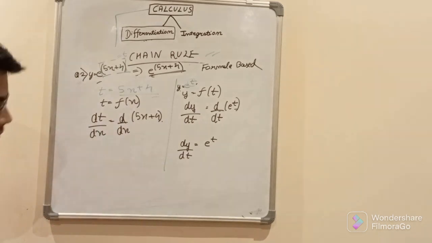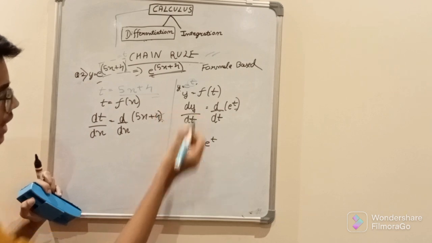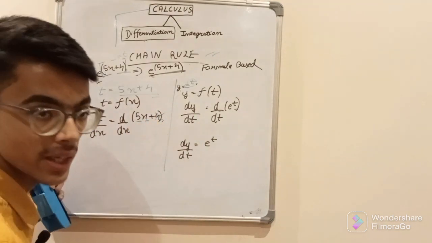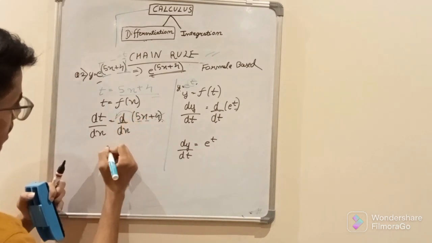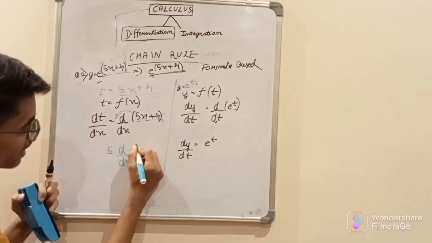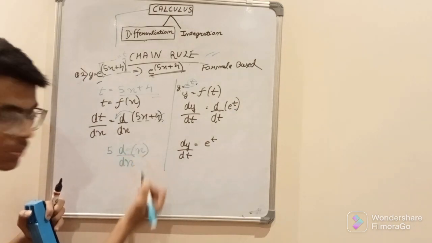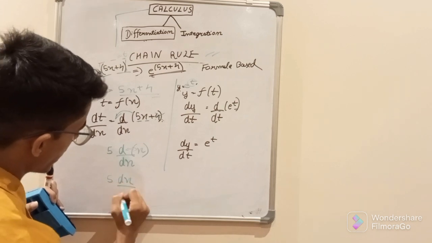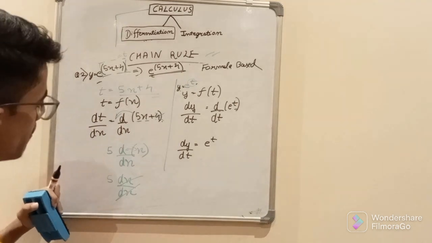Now over here you can see this 4 is a constant, so we have directly eliminated this, and 5 is not a constant because it is attached with the x over here. So if we take this 5 outside, can be written as 5d upon dx multiplied by x, and if this d is multiplied by this x, we can write 5 dx upon dx, and ultimately this dx and dx will cancel out each other.